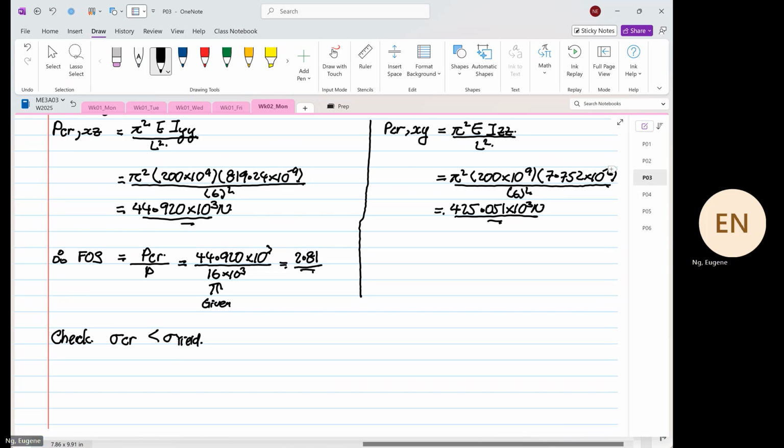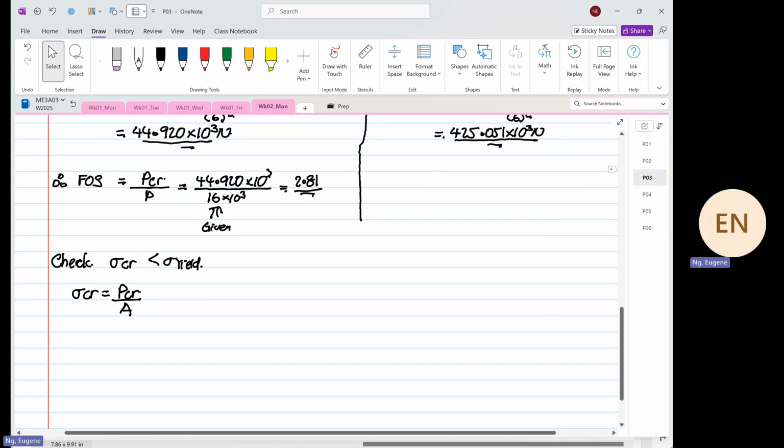So stress critical is equal to P critical divided by cross-sectional area. The cross-sectional area does not matter whether it is the X or the Y. So this will be equal.